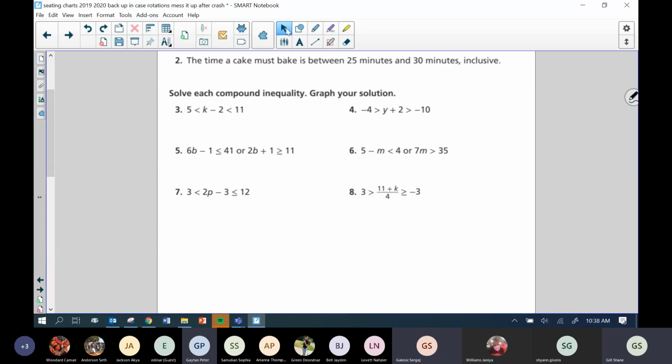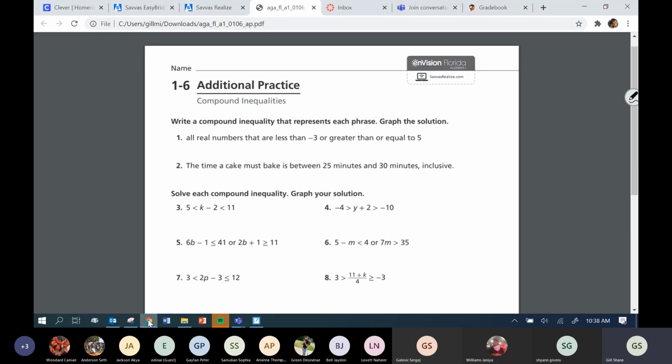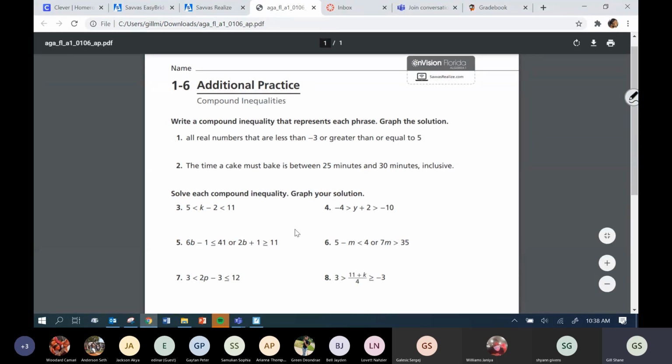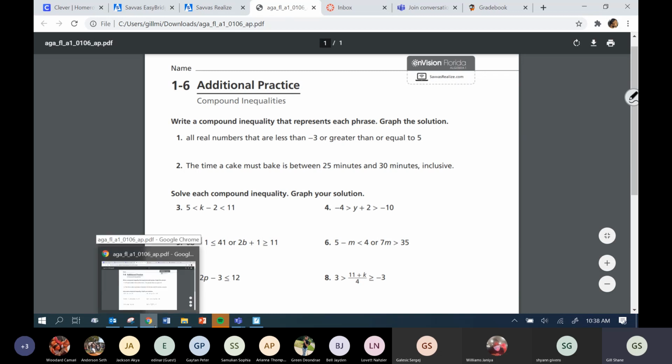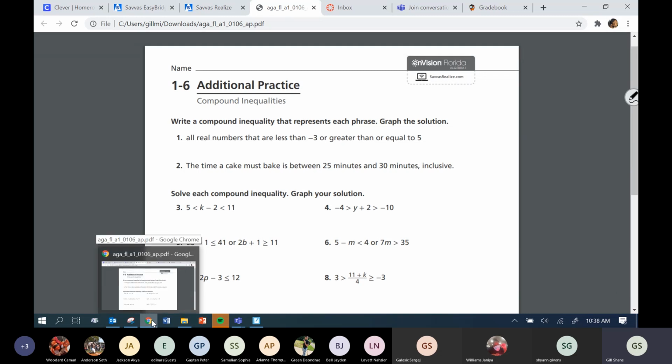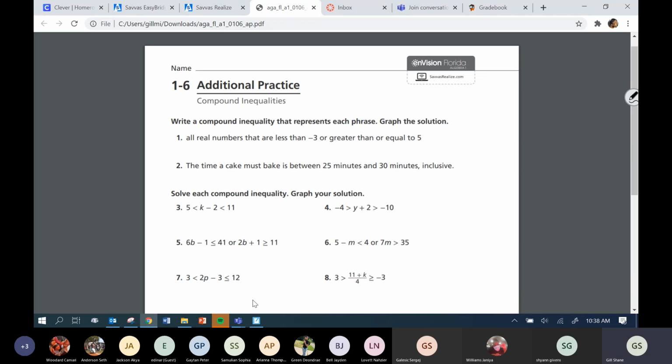So 3, 4, and 7 become printed in Canvas today? Yeah, you can. I'd prefer you do it in Focus. Actually, I'm going to set the Focus assignment up right now, and I'll put this attachment in there so you can get to it. It's in your Canvas email also, but I'll still put it in the Focus assignment.